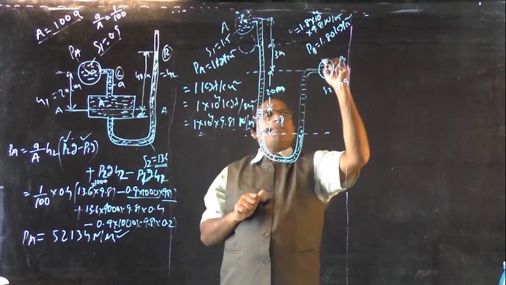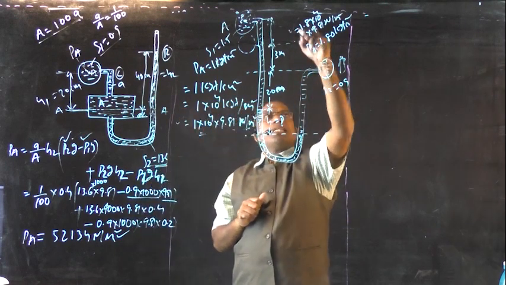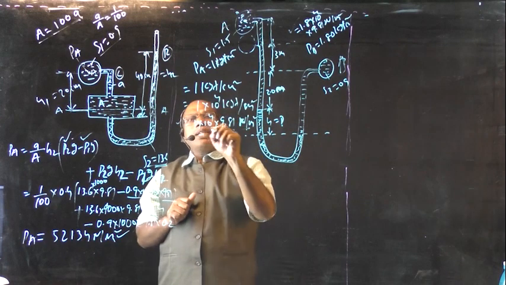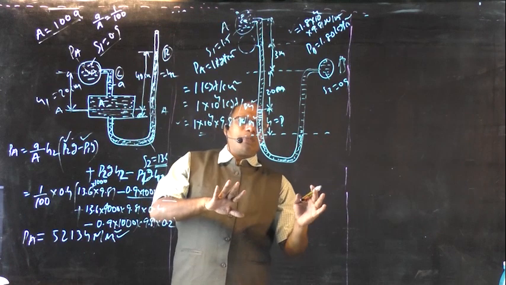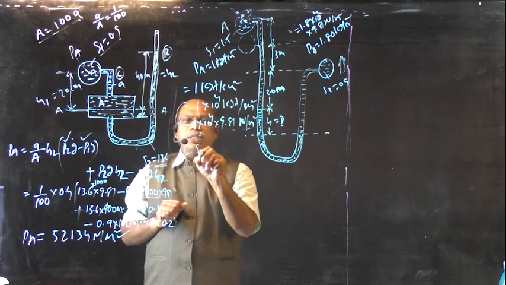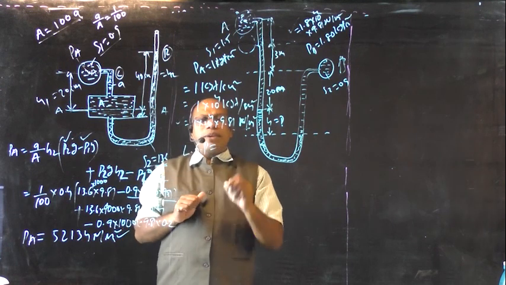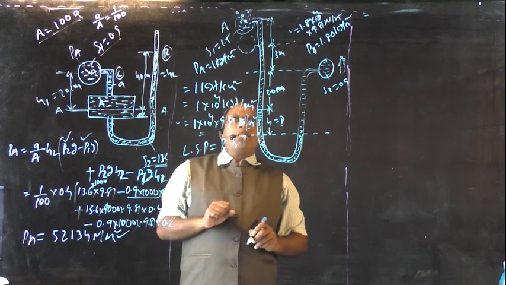This is the pressure in pipe B. This is the pressure in pipe A. Now left side pressures must be equal to the right side pressures. Finally we have the H. What are the left side pressures?